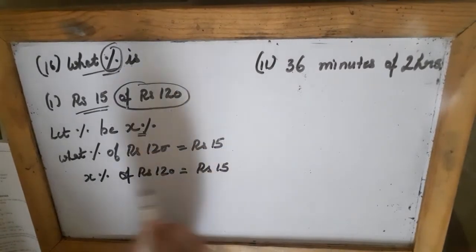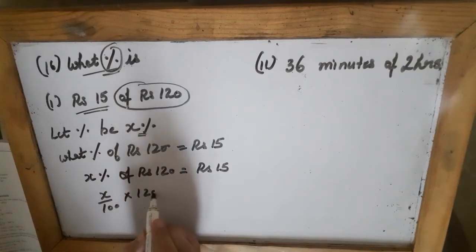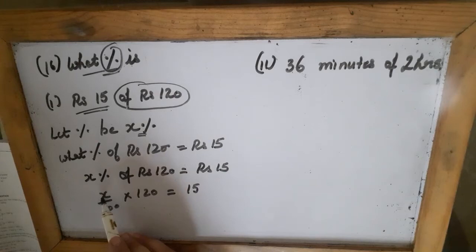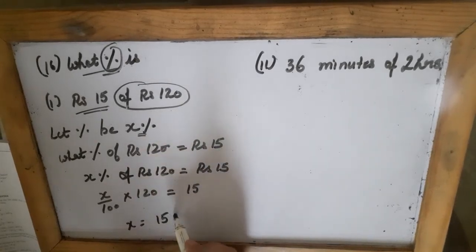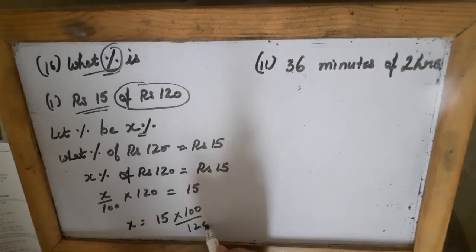So x percent means x upon 100 multiplied by 120 is equal to 15. Because I have to find x, I can shift both these numbers to the other side. So this divide will become multiply over there and this multiply will become divide over there.